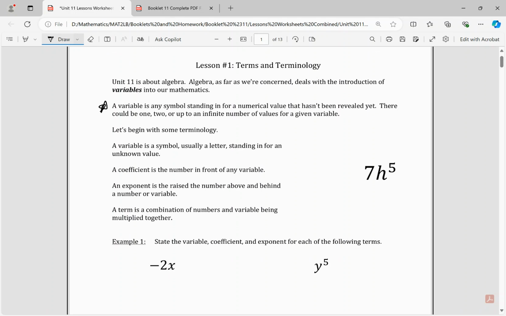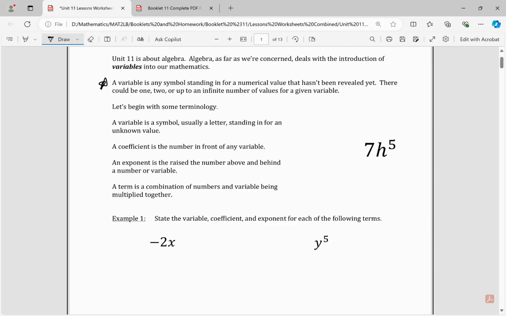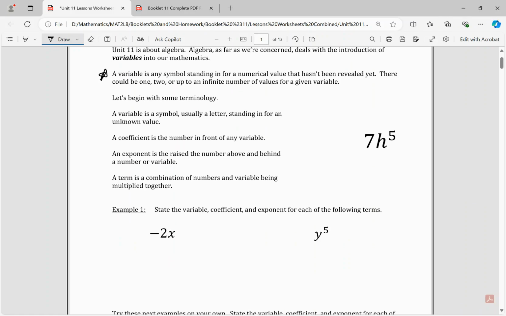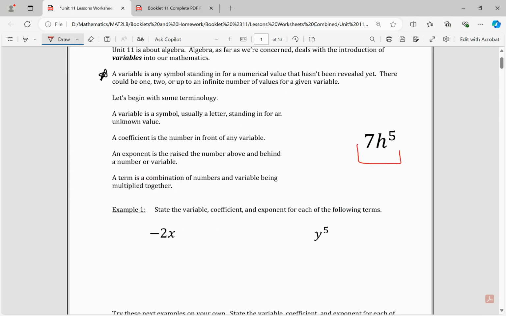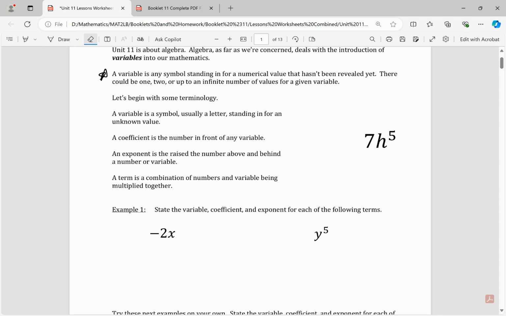A variable is any symbol standing in for a numerical value that hasn't been revealed yet. There could be 1, 2, or as many as you want, up to an infinite number of values for any given variable. So let's start talking about new terminology, and we're going to use this guy right here, 7h to the power of 5, to associate with this terminology.